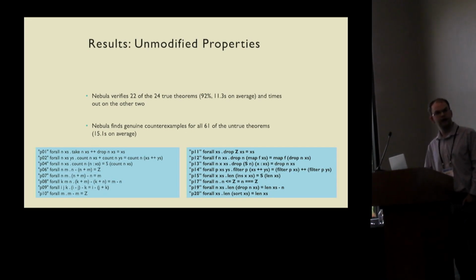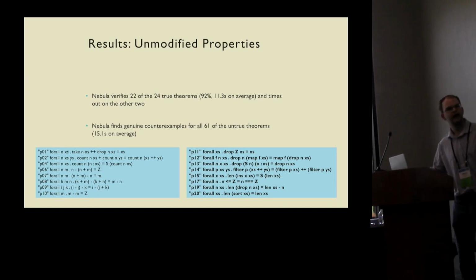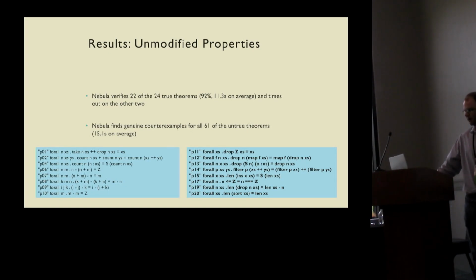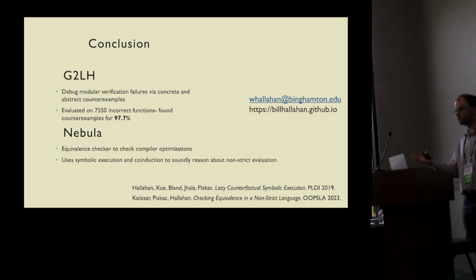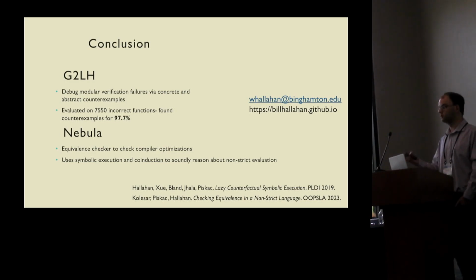We're also able to find counterexamples for all 61 of the incorrect theorems, and show why they don't hold under non-strict semantics. So that's Nebula. You can use it to check equivalence of functional programs under non-strict semantics. Thank you for your attention, and I'm happy to take any questions.